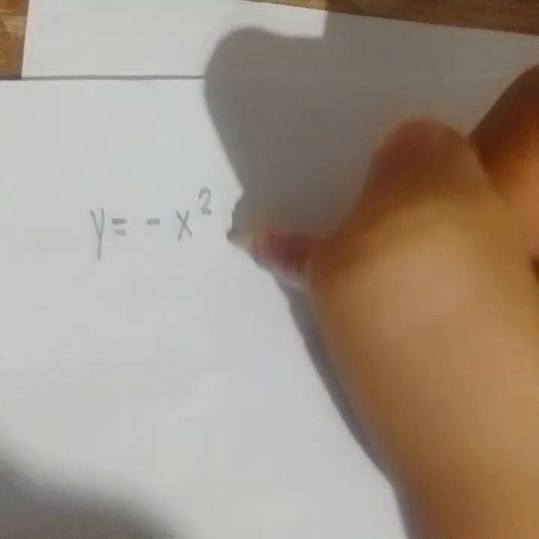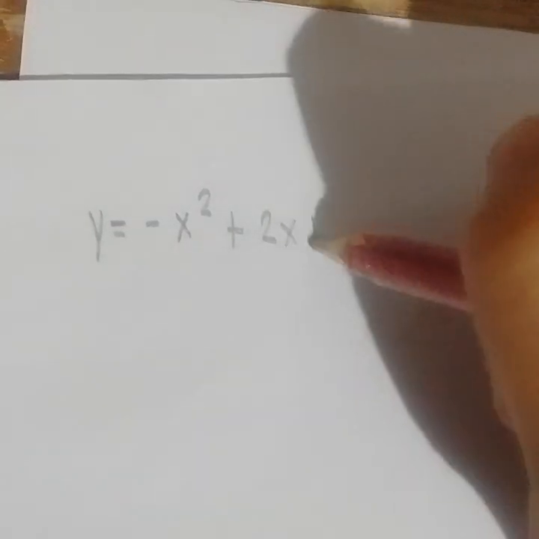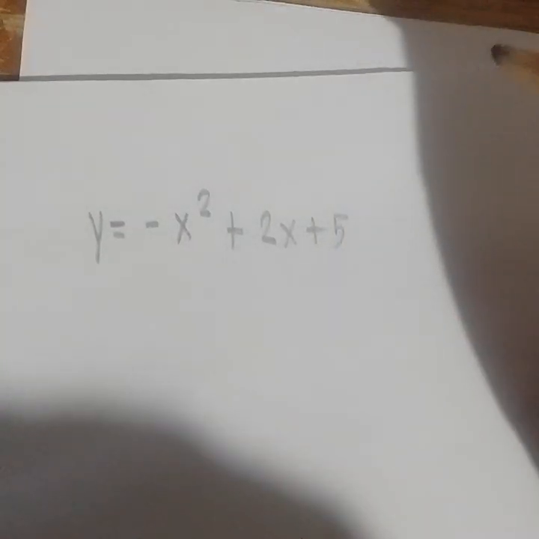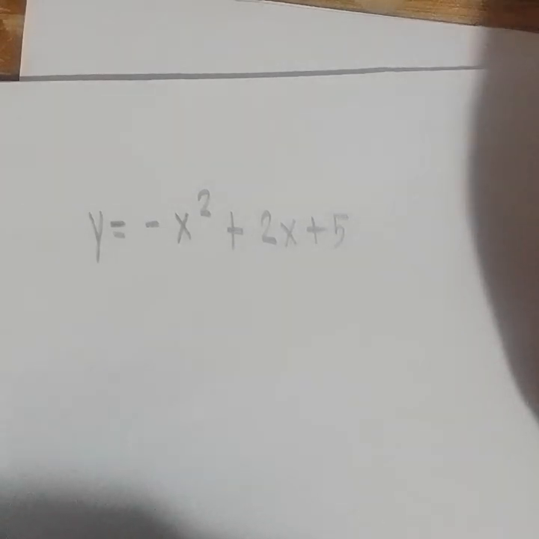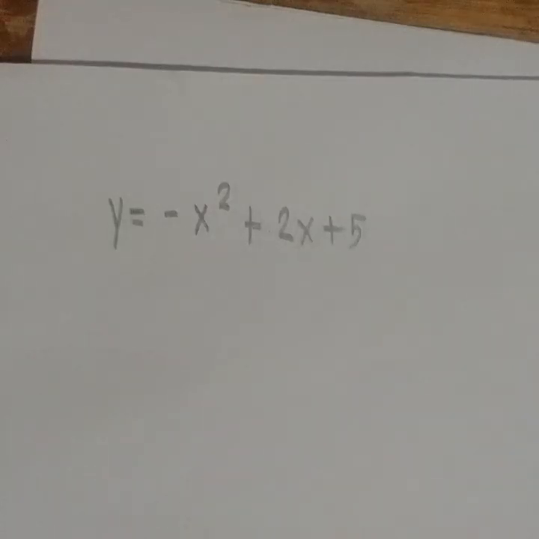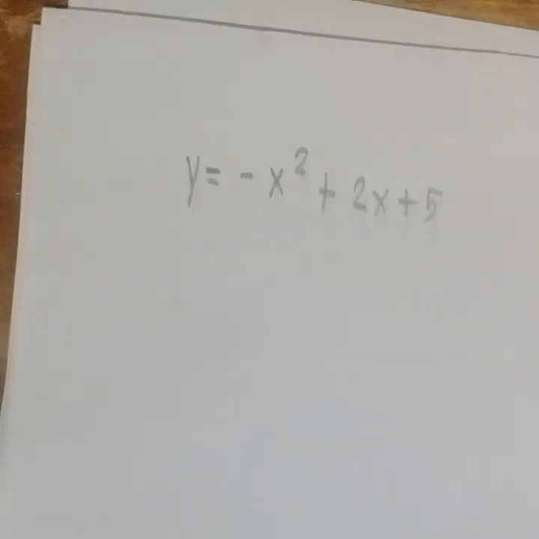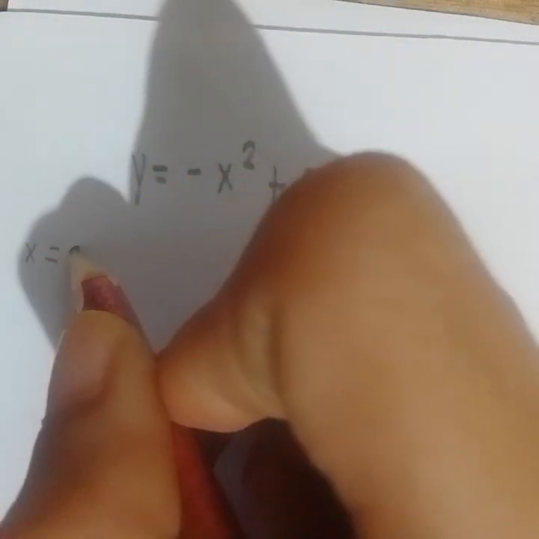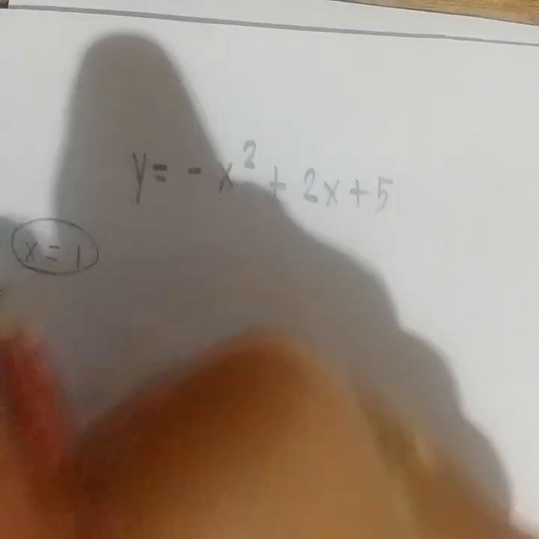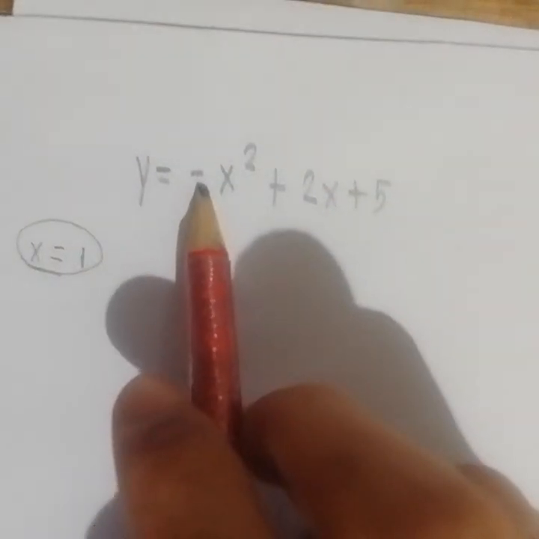We have y is equal to negative x squared plus 2x plus 5. Again, we will use the value of x that we solved earlier, which is equal to 1. So we will substitute x to 1 using the given function.